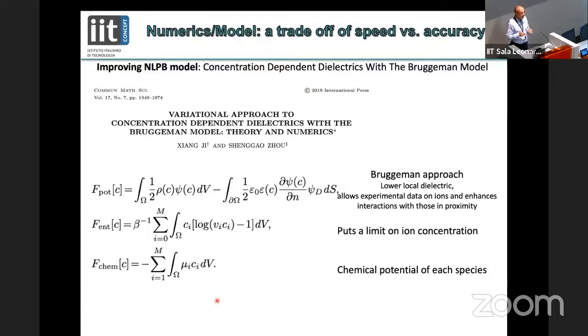Then there is this Bruggeman approach, which is a homogenization approach, where basically you say, if I have a huge solvent with spherical particles, and these spherical particles have a different dielectric constant from the matrix, in our case water, what is the, I don't like to say average, the equivalent dielectric constant of your mixed solvent.